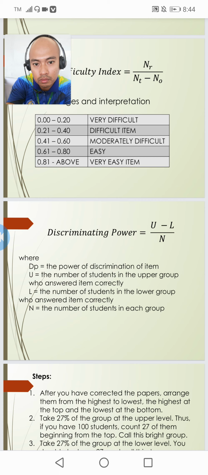I repeat, you will also compute the discriminating power of those items. So, per item ang computation ninyo dyan. I repeat, go back with the problem given to you with regards to difficulty index, the activity given to you last meeting. You will also compute for the discriminating power of those items presented.